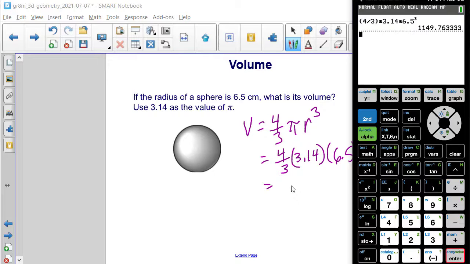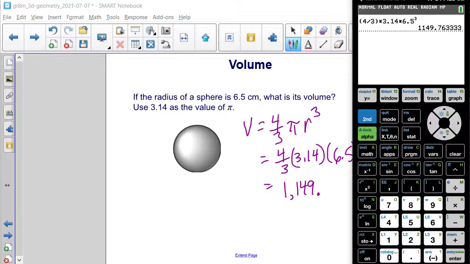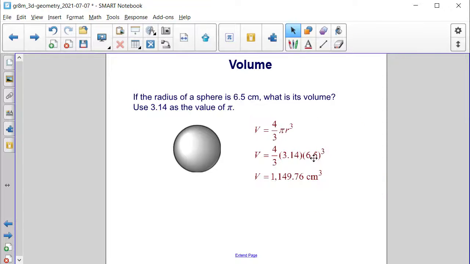And that's equal to about 1,149.76 cubic centimeters. Here's the solution worked out, and the final answer for the volume, which is 1,149.76 cubic centimeters, does match the solution that we found.